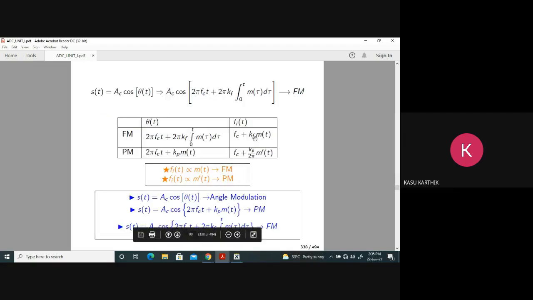In PM you have m of t. In FM we have an integration of m of t. Obviously, kp and kf are arbitrary constants, and they don't have much significance as of now. The basic difference is m of t and integration of m of t. Apart from that, there is not much difference. They are similar actually.